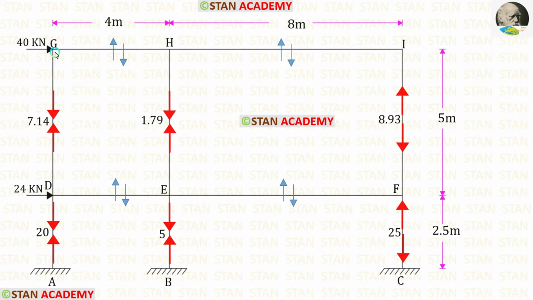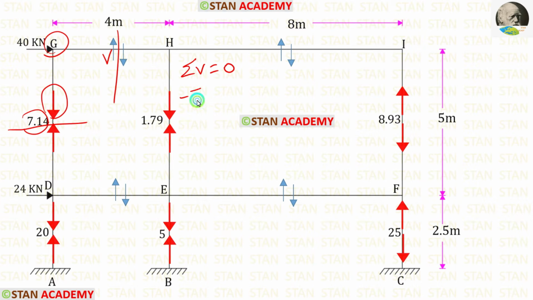Let us take the joint G. Let us keep the shear force as V. Let us apply the rule sigma V is equal to 0. 7.14 is acting downwards, so that will be negative. V is acting upwards, so that will be positive. Finally, for V, we are getting 7.14 kilonewton.